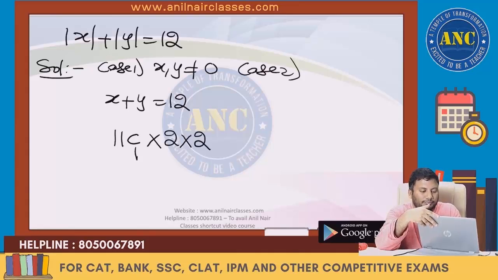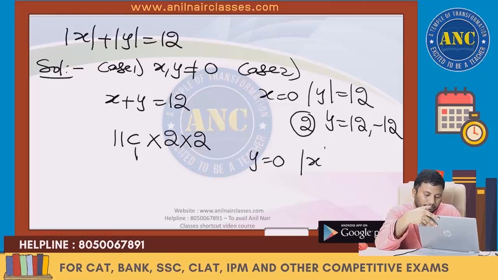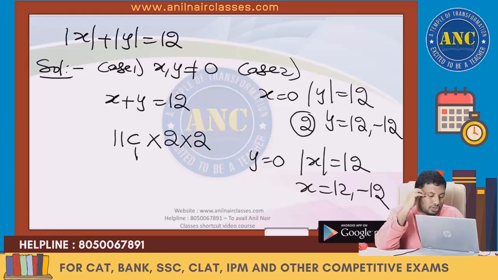Case 2. If x is 0, |y| is 12. I got two cases. What are the two cases? y is 12, y is minus 12. If y is 0, |x| is 12, x is 12, x is minus 12. 4 cases. So 11 into 4 is 44.